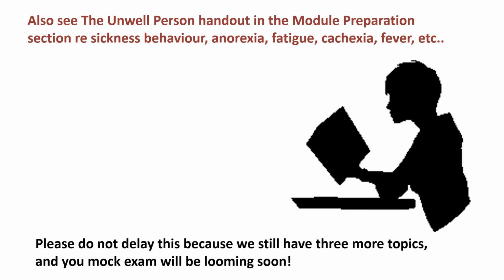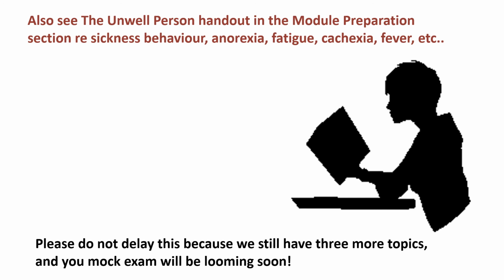Okay, so that brings us to the end-ish. If you haven't done it already, or if you can't remember what it was about, please go back and have a look at the unwell person handout in the module preparation section. In there we're talking about sickness behaviour, anorexia, fatigue, cachexia, fever, that sort of thing.